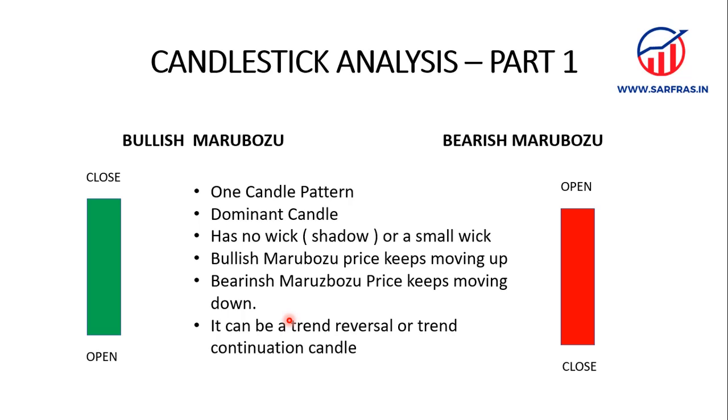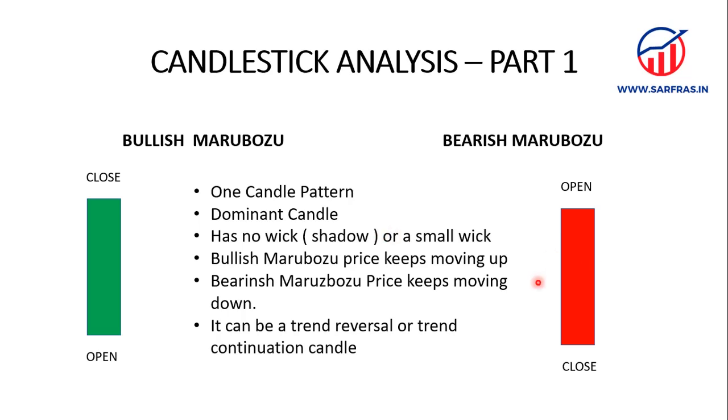What a reversal or a continuation simply implies is, supposing the price is going up, a trend continuation would be that the next candle which is printed also follows the same pattern and the price continues. A trend reversal would be that there is a series of, say, green candles and a red Marubozu pops in.